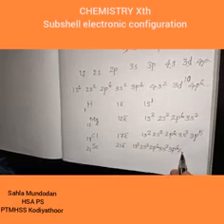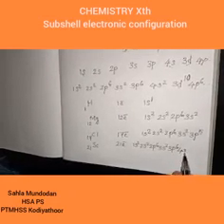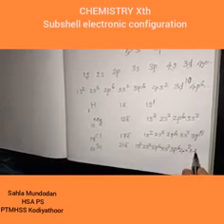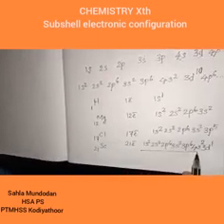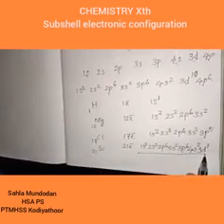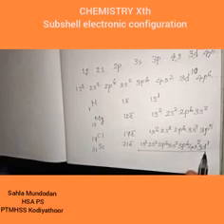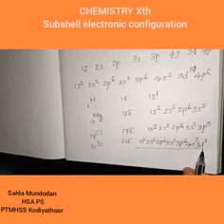Yes, 4s, because 4s has lower energy than 3d. Then first fill 4s, then 4s2, then last 3d1. This is the subshell electronic configuration in the order of increasing energy.